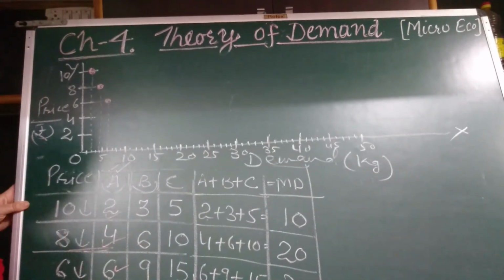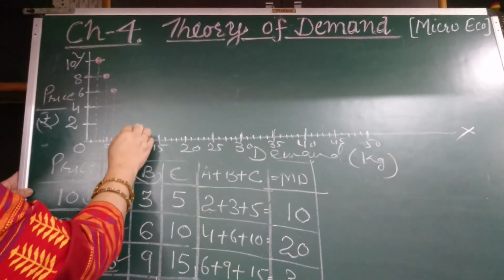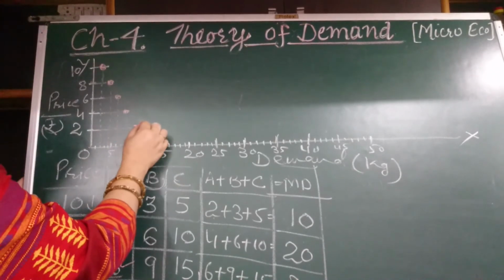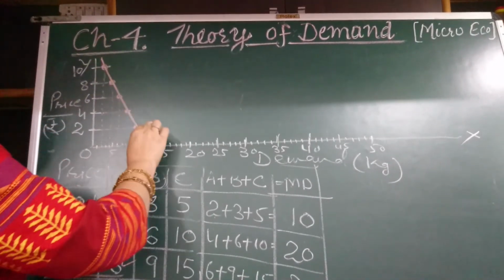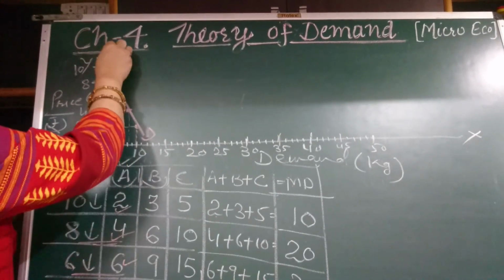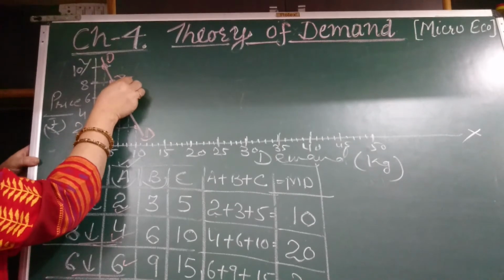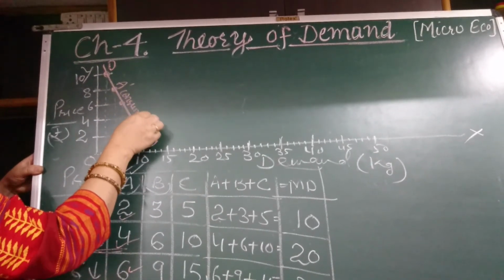At the rate of 4 rupees, A consumes 8 kilograms of a particular commodity. At the rate of 2 rupees, A consumer's demand is 10 kilograms. While joining all these points, we will obtain DD demand curve and write down A consumer's demand.